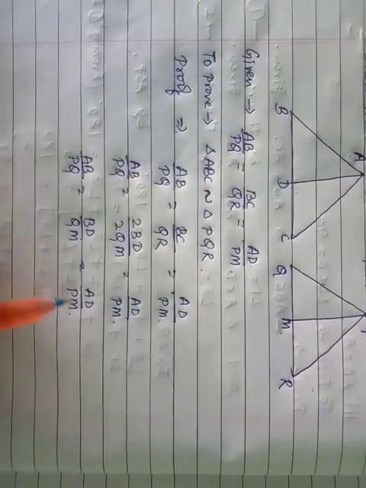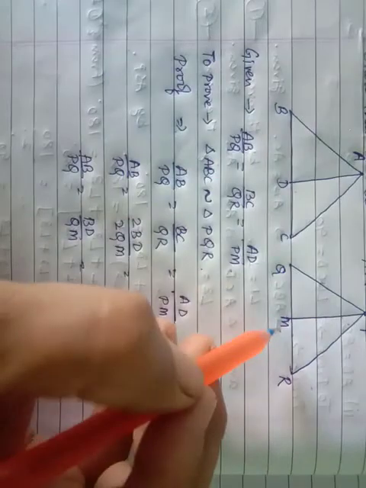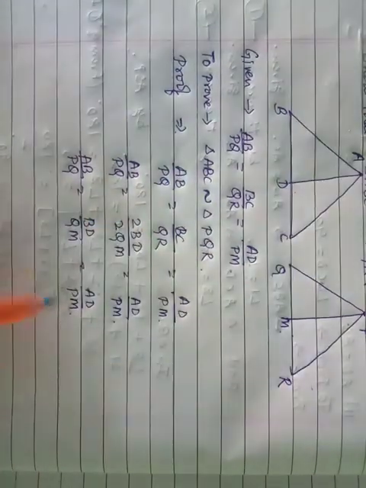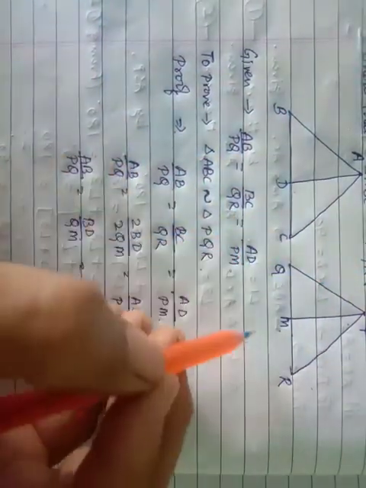So here you can see that these are the sides of triangle ABD and triangle PQM. AB, PQ, BD, QM and AD, PM. These are the sides of triangle ABD and PQM.